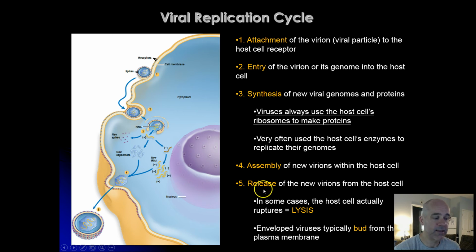That's called release. In some cases, the host cell will actually break apart. That's called lysis. We've heard that word before. The host cell will break apart and die. In other cases, the virus does something called budding, which we'll take a closer look at later.